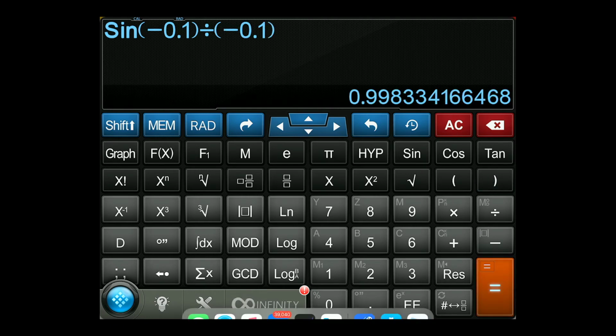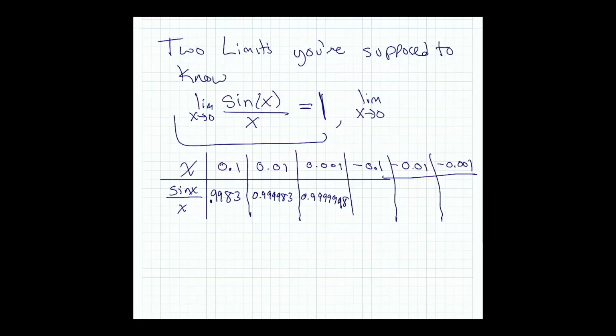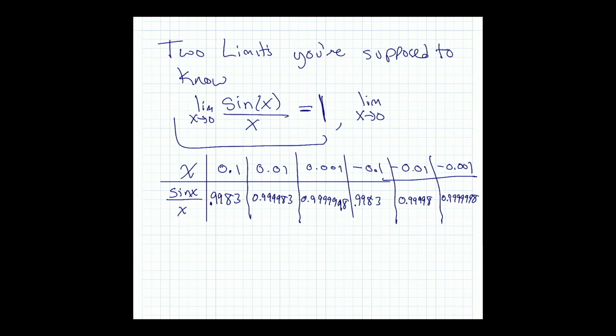The minuses don't mean anything. They don't matter for this one. So this is 0.9983. You can check the others, but they're 0.99998 and 0.9999998. Right? So you look at this table, and that table is what tells you that this limit is going to be 1. Right? Because you see these just getting closer to 1 as you go. Okay?